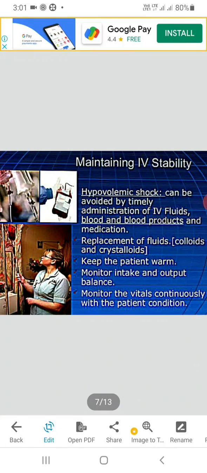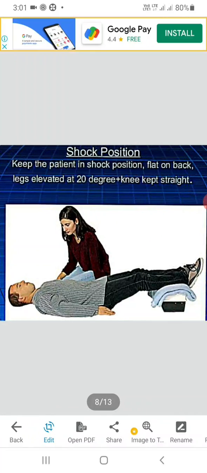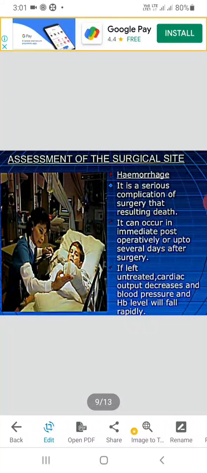Then monitor the vitals continuously according to the patient's condition. If shock is present, keep the patient in shock position, flat on the back with legs elevated at 20 degrees. Then assessment of the surgical site.